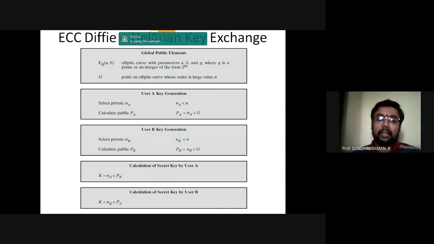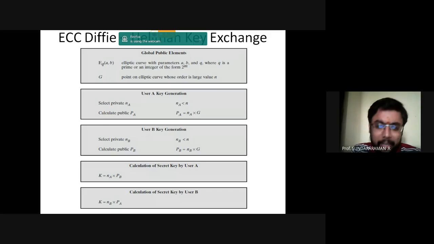Finally, they will compute the secret key. The important point to be noted is that the secret key computed by user A and user B will be the same. Without sharing any details about it, they will be able to compute the secret key. This is the very important process involved in a public key crypto system.